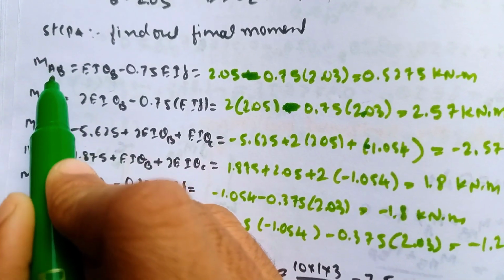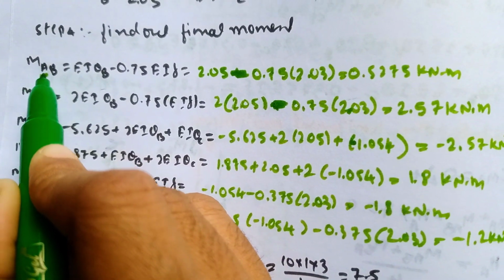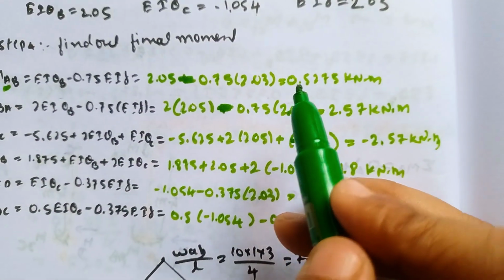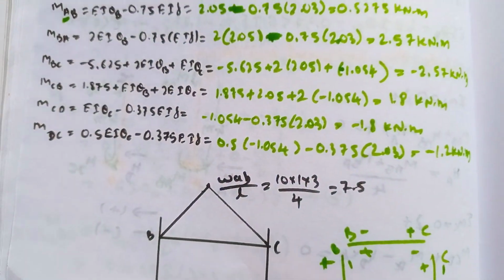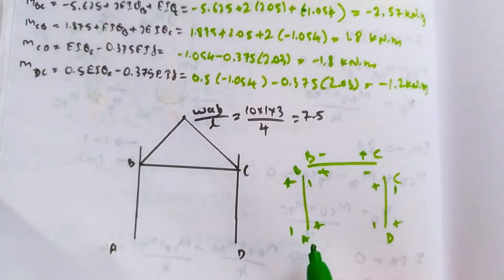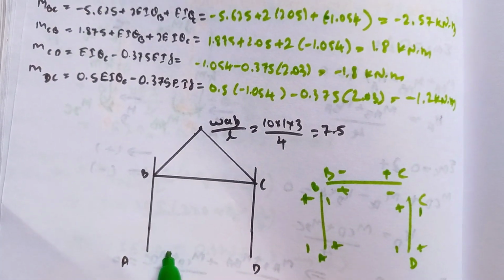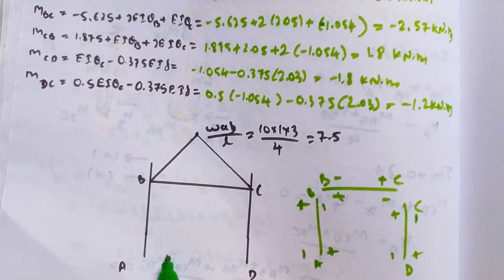For MAB, the first point is A. At point A, the value we got was 0.5. So 0.5 is positive. At point A, a positive value comes below the neutral axis. It means it comes here, 0.5.